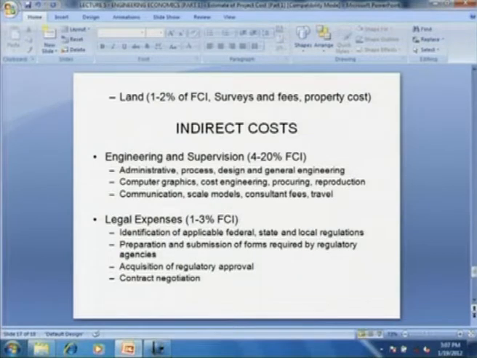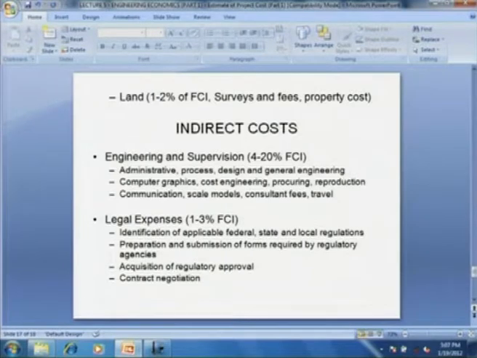Indirect cost includes the cost of engineering and supervision, that is administrative process, design and general engineering, computer graphics, cost engineering, procuring, reproduction, communication, scale models, consultant fees and travel. These together amount to about 4 to 20% of fixed capital investment.